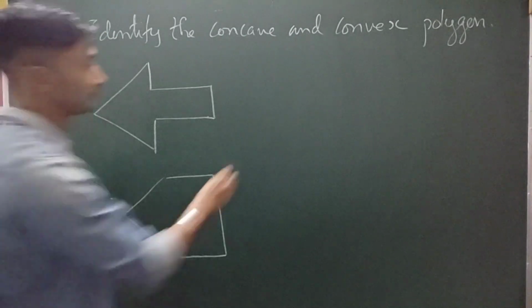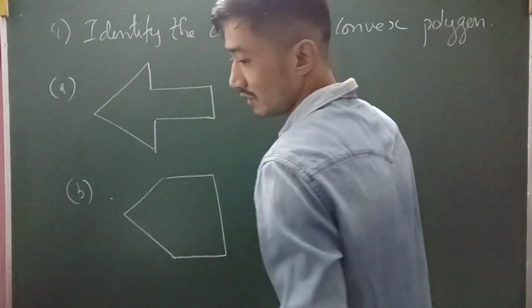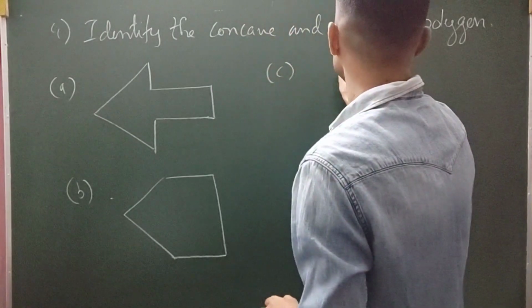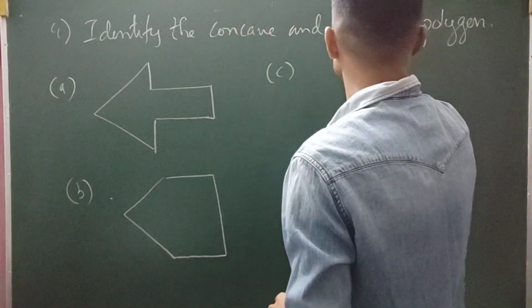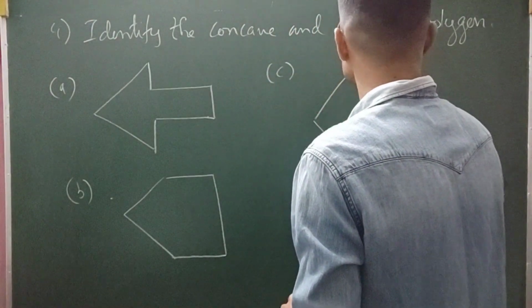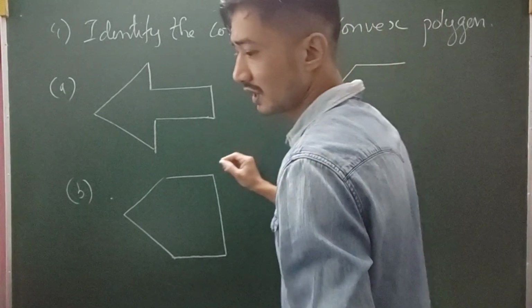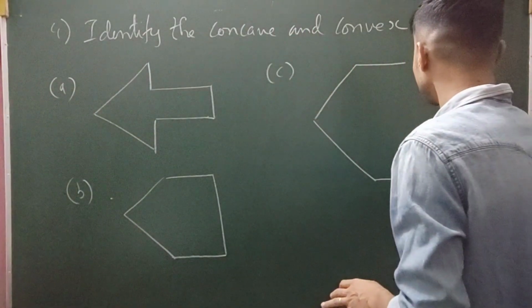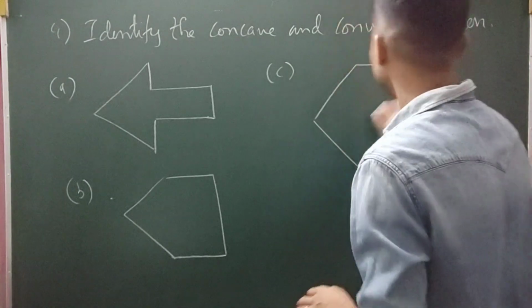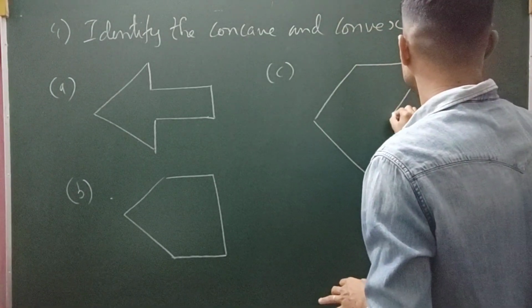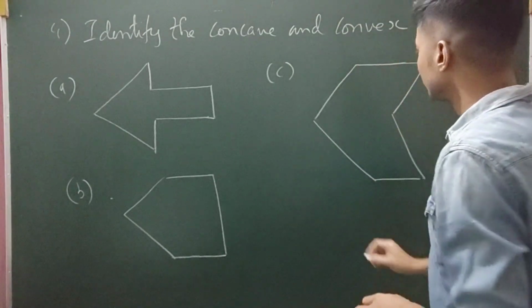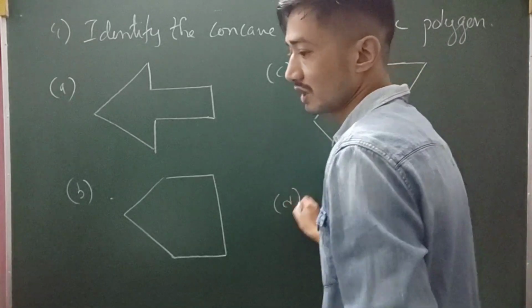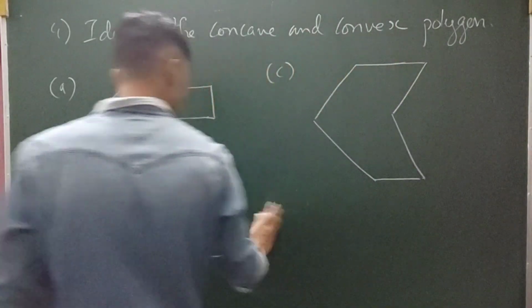Third one is something like this. Forget about the figure, okay? And then it's something like this. Something like an arrow mark only. My drawing is horrible, so please don't mind.